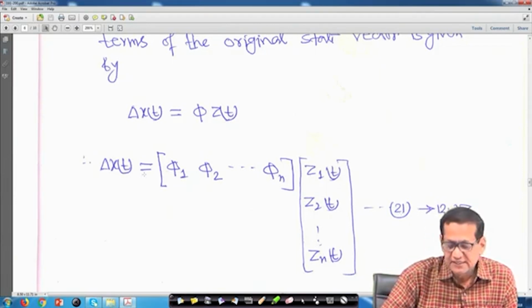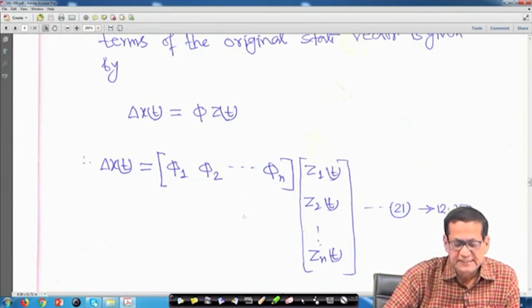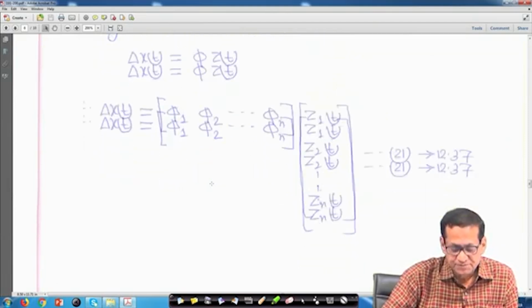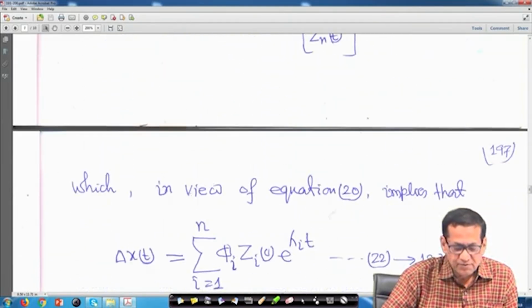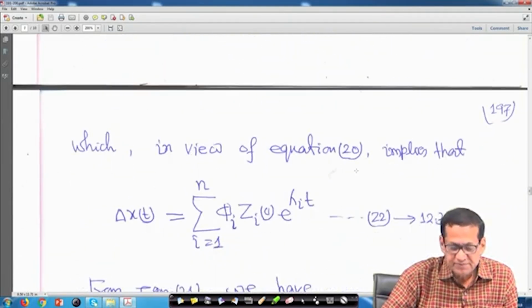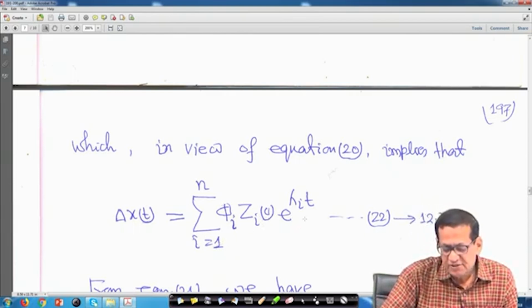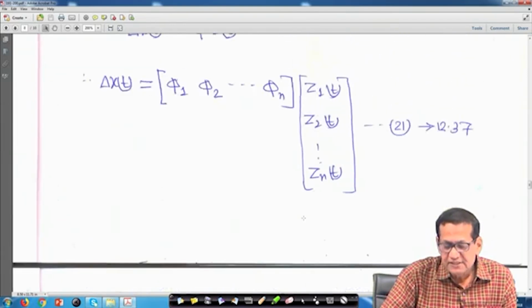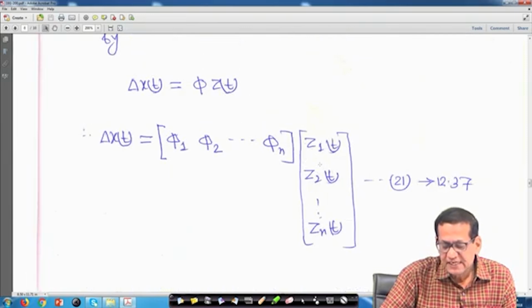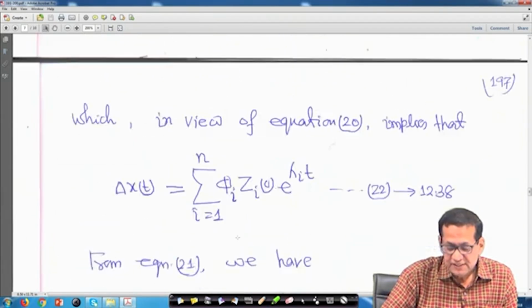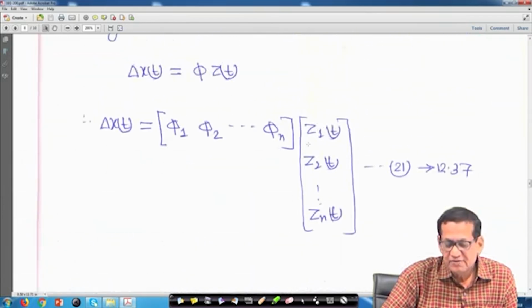This way you can write delta x t in terms of z 1, z 2 up to z n t, which in view of equation 20 implies that delta x t will be equal to the sum over i is equal to 1 to n of phi i z i 0 e to the power lambda i t, because the solution for z i t is in general z i 0 e to the power lambda i t, and here you have phi 1 z 1 plus phi 2 z 2 and so on.